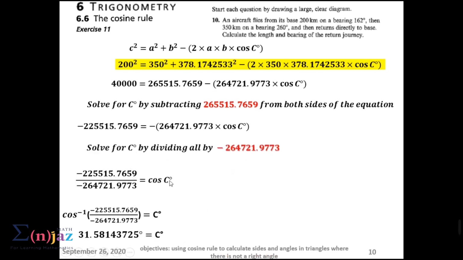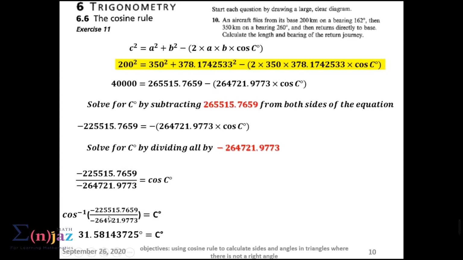So cosine C, this number here is going to be cancelled, and if we divide these two here, don't use the calculator yet because we're solving for C. So we have cosine C is equal to this fraction. So we are finding C. So we're going to say cosine inverse of this fraction, and this will give us angle C.